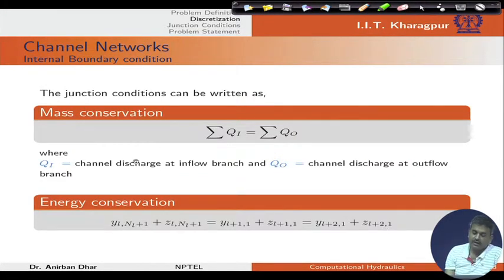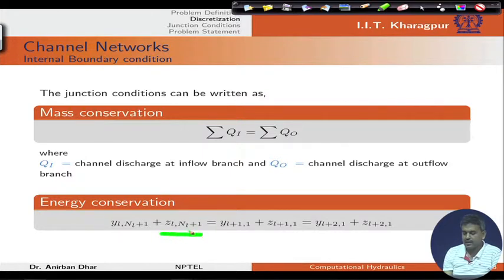So, this is a general thing, mass conservation. So, channel discharge at the inflow branch and channel discharge at the outflow branch, considering all branches, and the energy condition neglecting the losses. If you have different channel elevations, then we should add the elevation term.